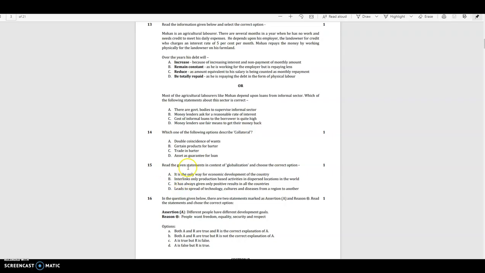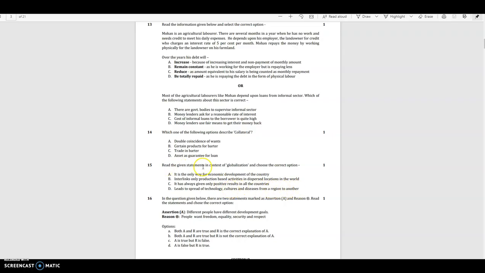Then next one, read the given statements in context of globalization and choose the correct option. It is the only way for economic development of the country; interlinks only production-based activities in dispersed locations in the world; it has always given only positive results in all the countries; leads to spread of technology, cultures and diseases from one region to another.